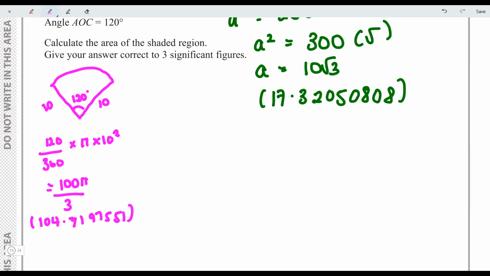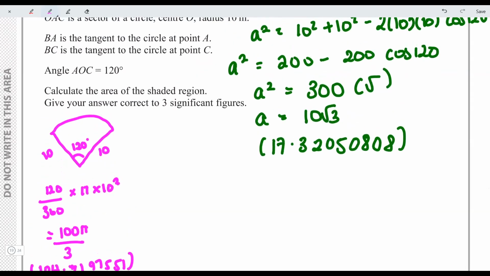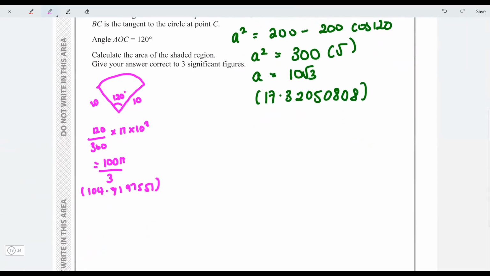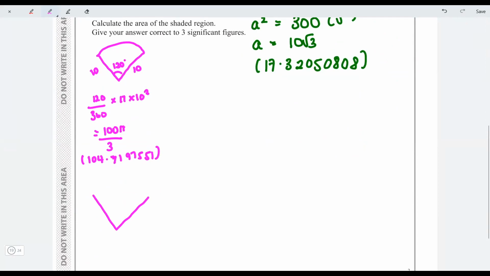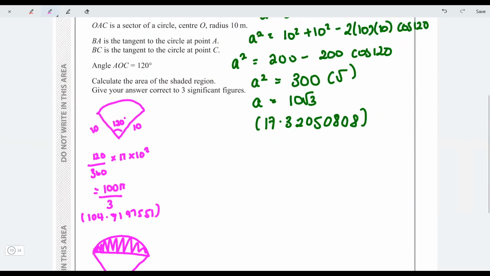I now need to somehow work out the other bit. So let's see what I can do. Can I work out the little top? Because that might help. So if I can work out this little semicircle bit on here as well, that might help me work out what that area there is.